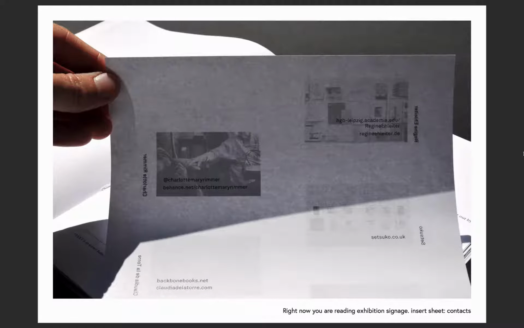The idea was that you could take something out of the catalogue into the space. But we also used it for all the contact details of both external contributors and us students. So you could use it separately if you wanted to, just like contact cards or an exhibition flyer, for example.